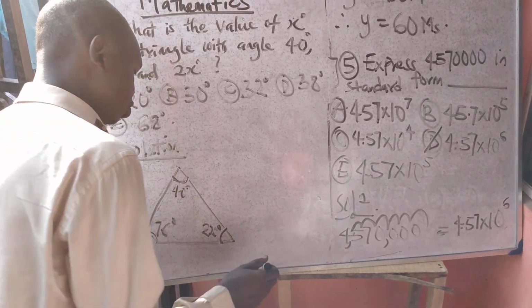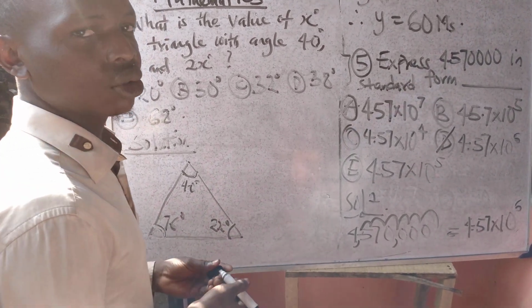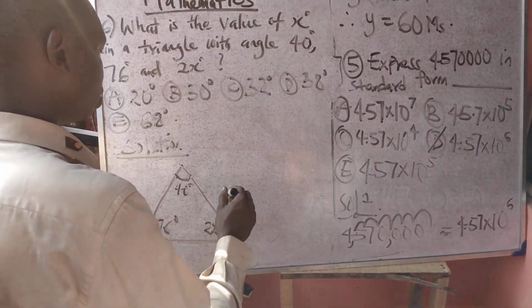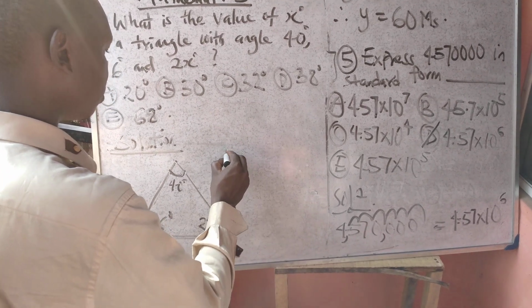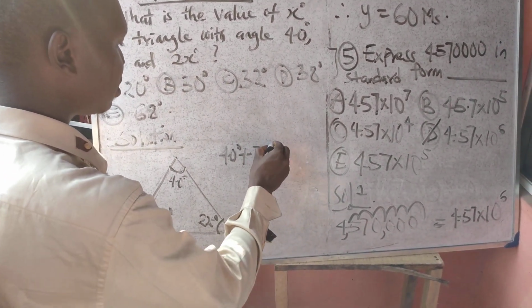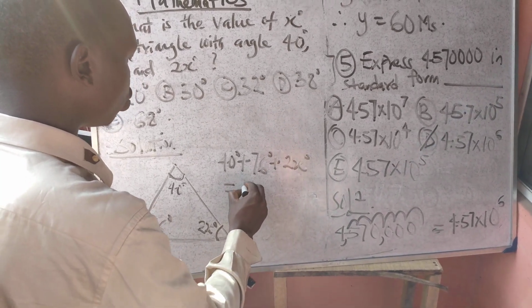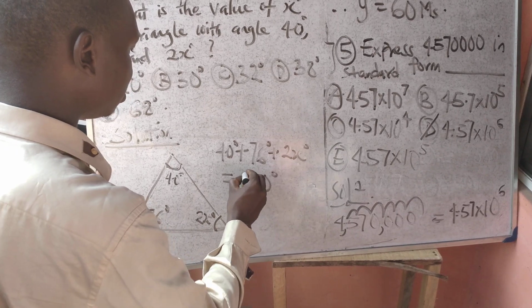Alright, now you sum them up and you equate it to 180. Why? The sum of angles in a triangle is equal to 180 degrees. So this then becomes 40 degrees plus 76 degrees plus 2x degrees is equal to 180 degrees.